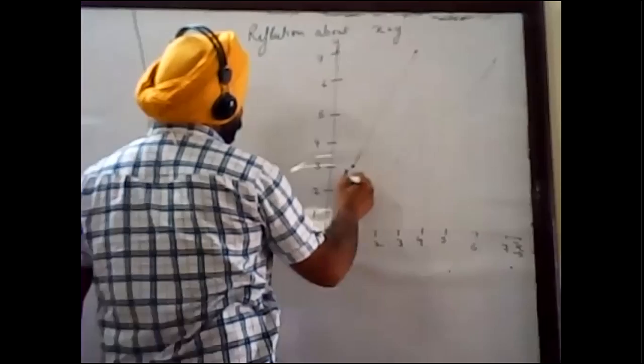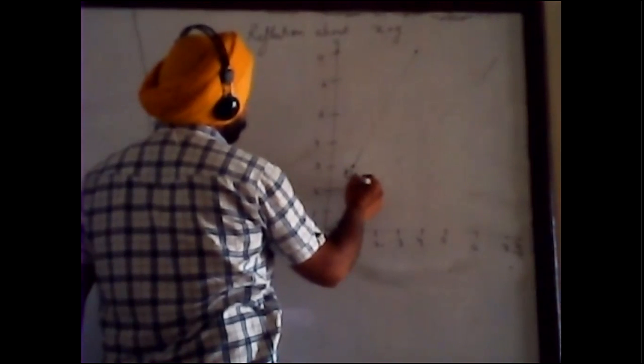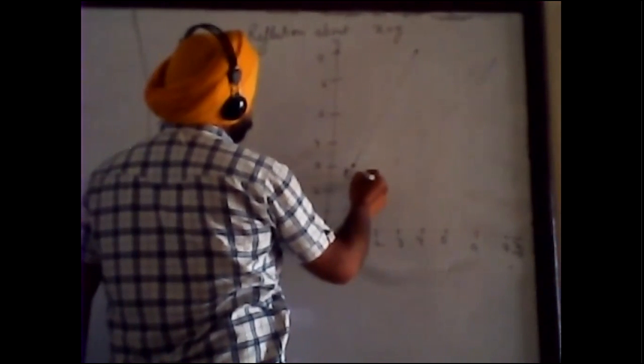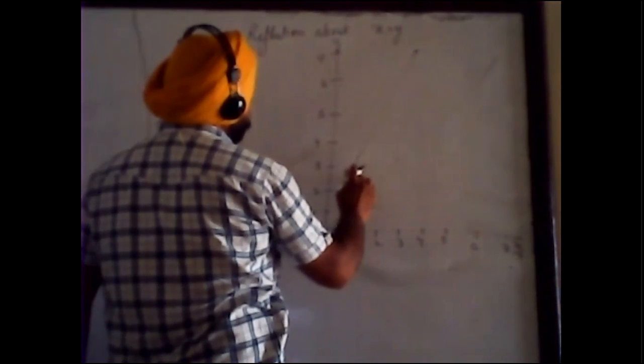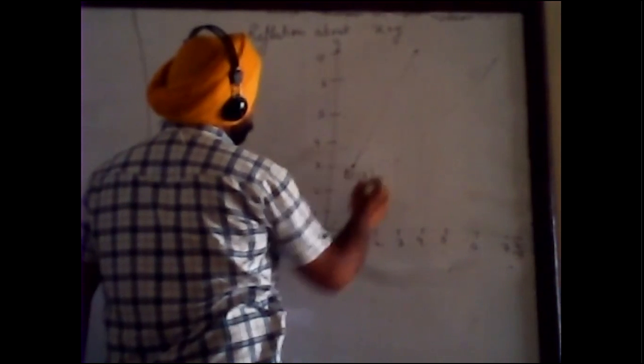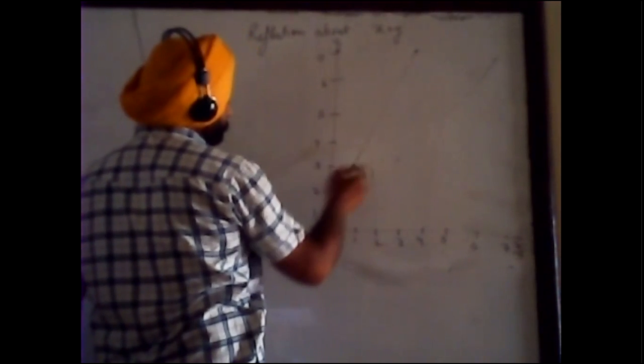A point P1, it is 3, 1: 1 in the x direction and 3 in the y direction. I hope it is visible to you. If it is not visible, then do let me know.